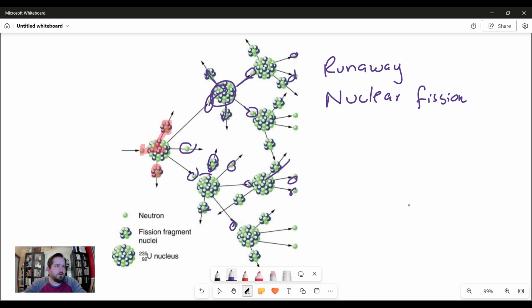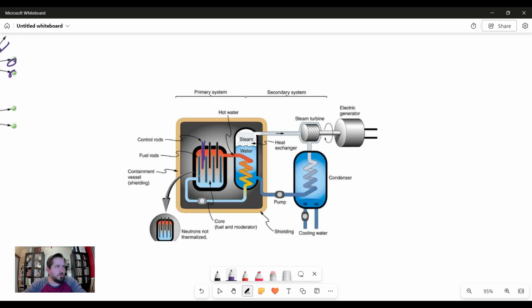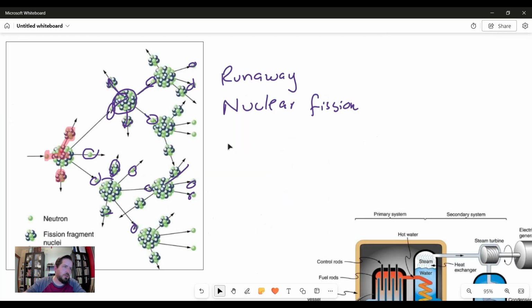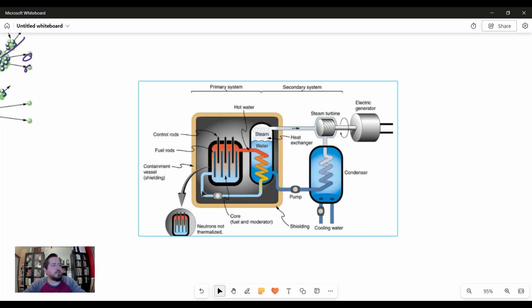In these power plants, essentially you'll have these rods in water. If the water stops going into the tank, the neutrons don't get thermalized, which means they don't get the energy they need to continue the process, and it stops the reaction. Chernobyl was kind of a different thing.